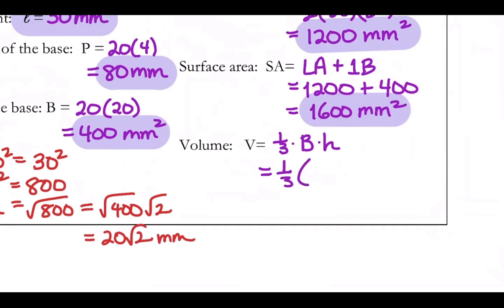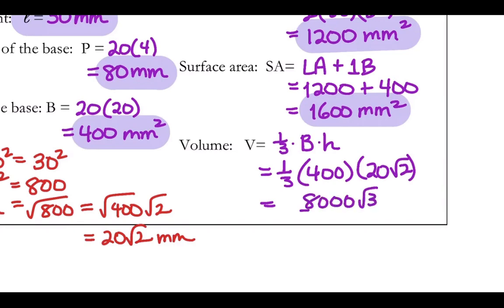Our base area was 400. Our height is 20√2, which gives us 8,000√2 over 3, and that's millimeters cubed.